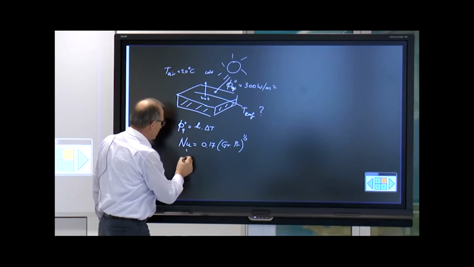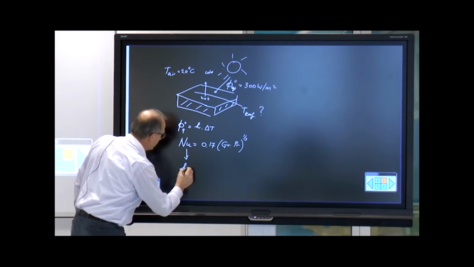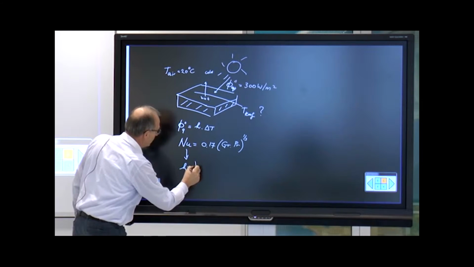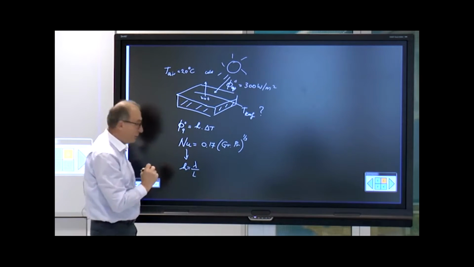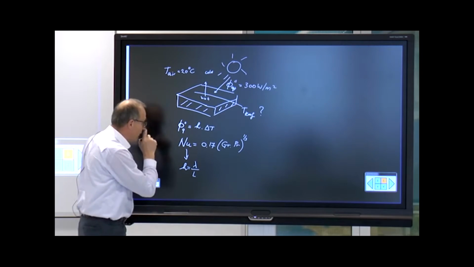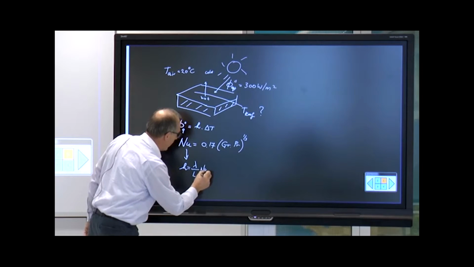So from this Nusselt number, we can say the heat transfer coefficient is equal to the heat conductivity divided by a characteristic length multiplied by the Nusselt number.